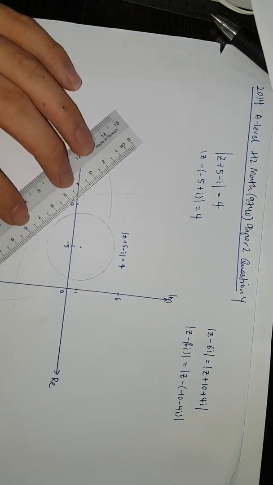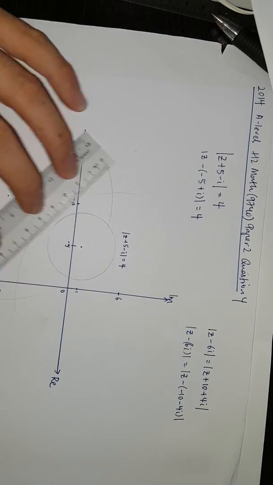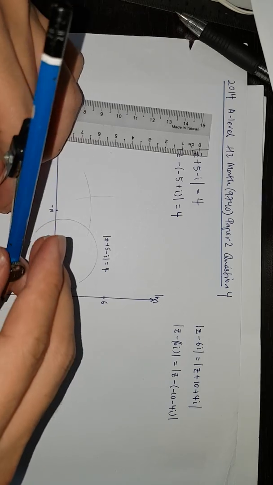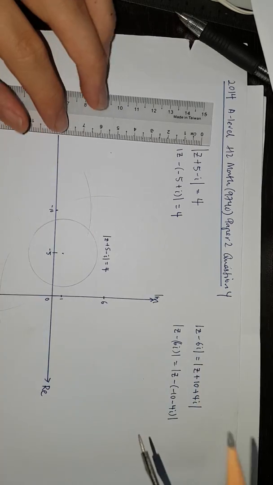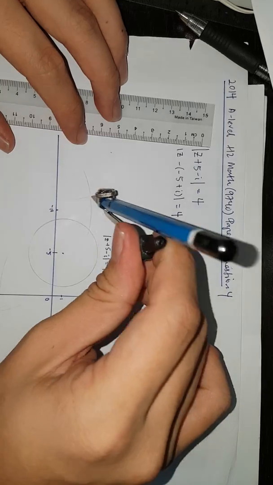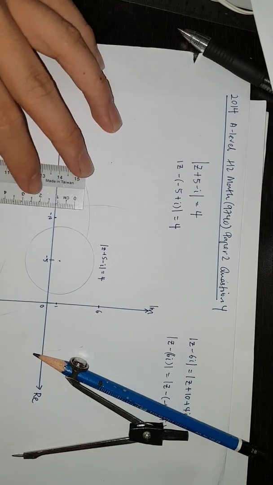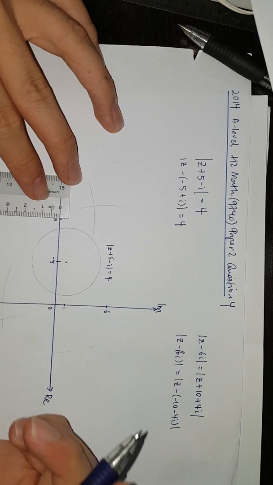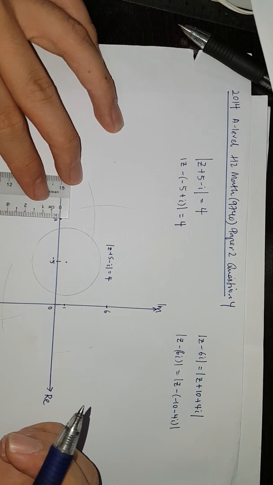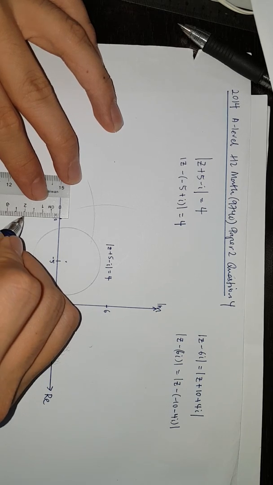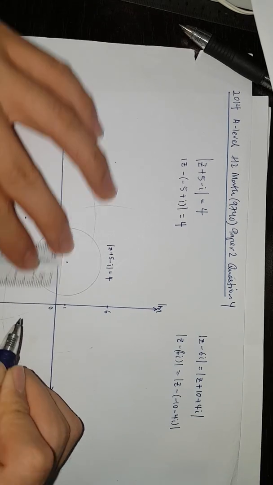Okay, and you will get actually, oh, something is wrong. Did I draw wrongly? Here and 6i. Oh, I used the wrong scale. Goodness.